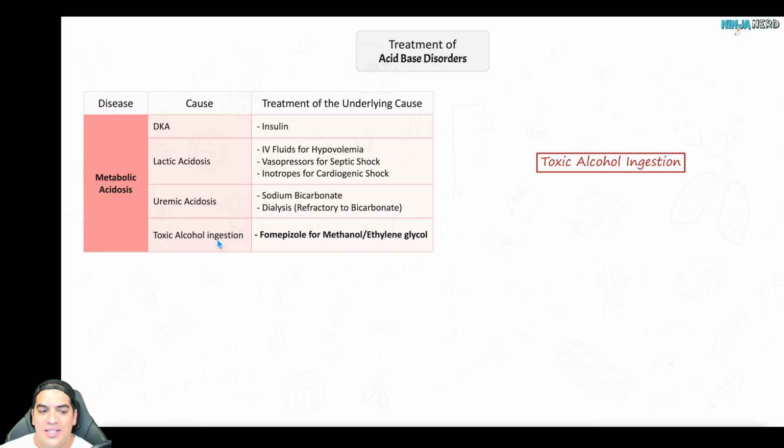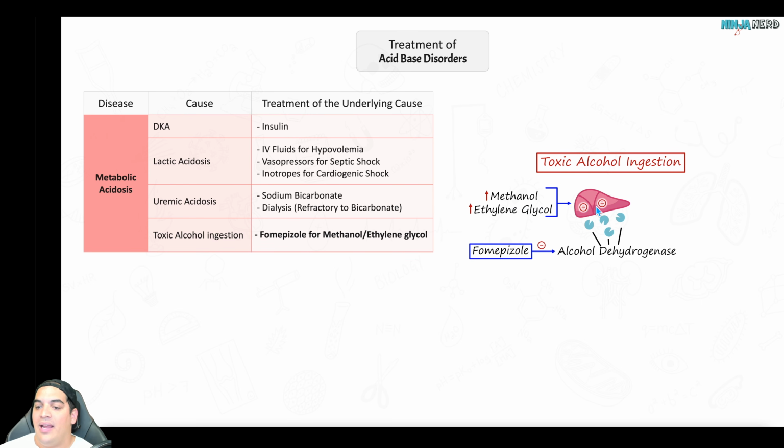Now, toxic alcohol ingestion, if they are taking methanol and ethylene glycol, you can give them a drug to shut down a lot of the metabolites that are being formed. When methanol and ethylene glycol are ingested, they tell the liver to make a lot of these toxic metabolites via an enzyme, alcohol dehydrogenase. If you give fomepizole, it inhibits this enzyme, inhibits the breakdown, and reduces the toxic metabolites that are formed here.